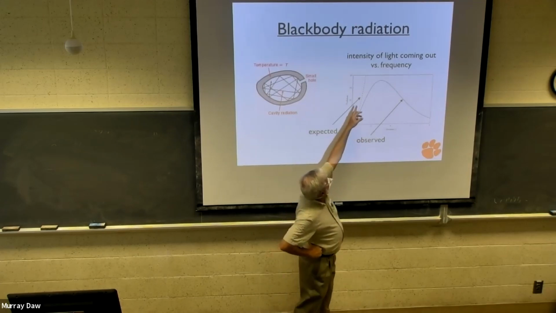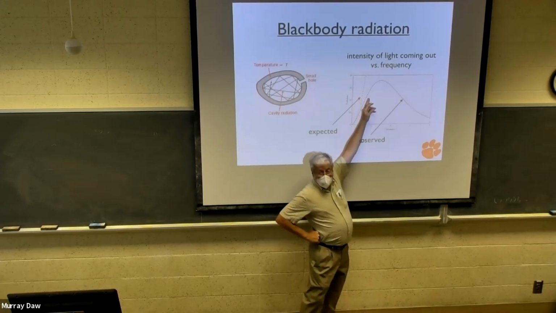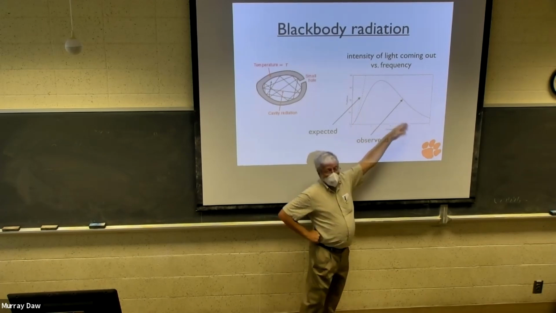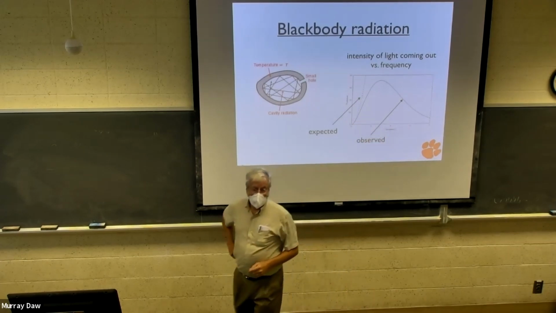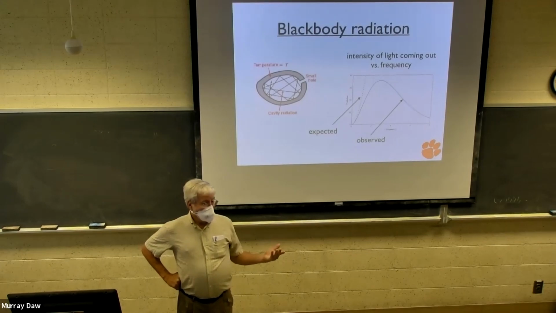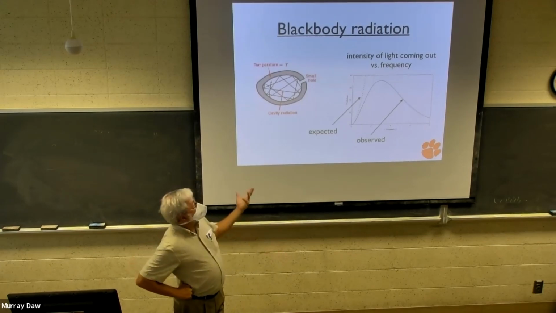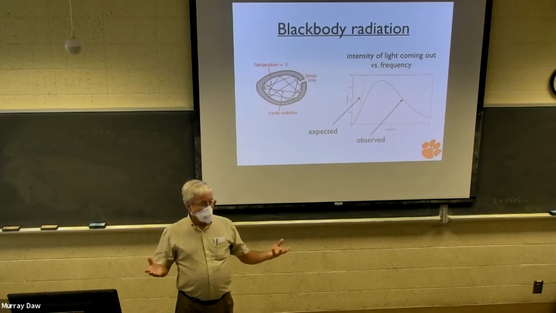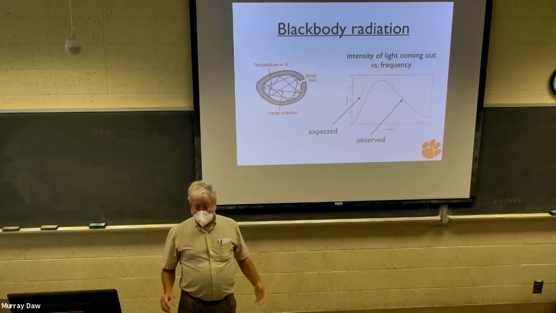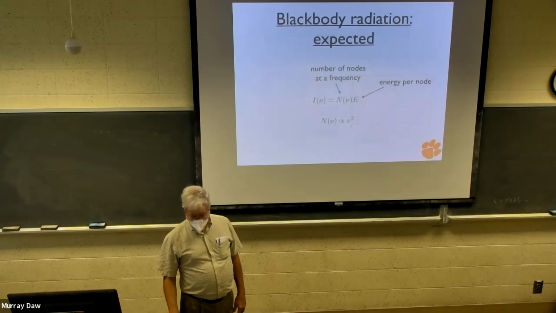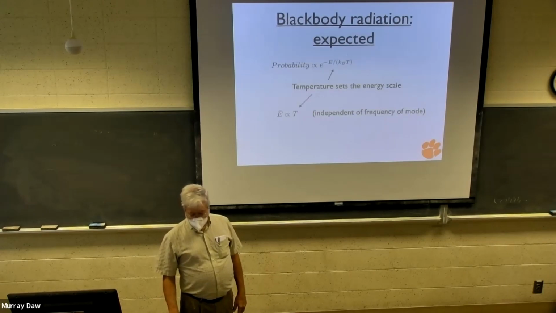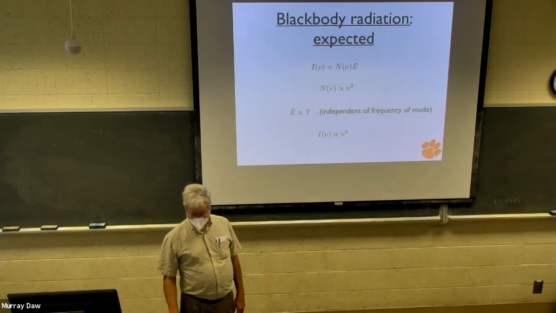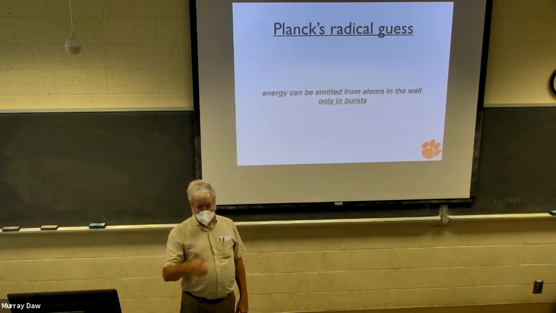Just based on Maxwell's equations, you expect this to diverge. That is, the color should be way over to the right, high frequencies. But that's not the observation. Simple observation. There's something very different than what is expected. This is really simple to do, and the disagreement is very strong, it's very profound. So that's discussed in the book. I'll leave that. You need to read what's in the book.